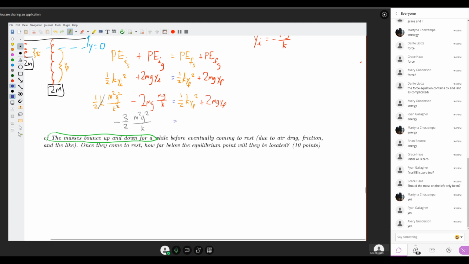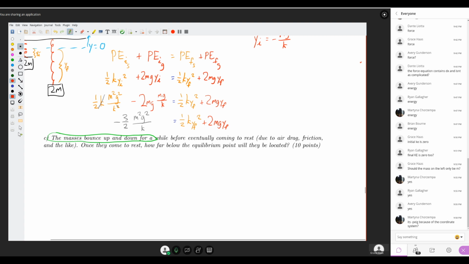And this is equal to 1/2 k y final squared plus 2mg y final. Now, at this point, you might be tempted to say, well, okay, this is a quadratic equation.